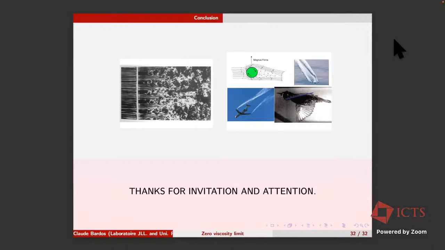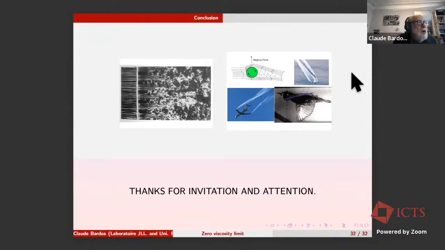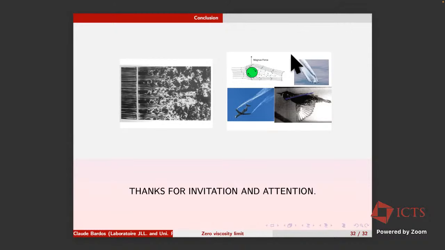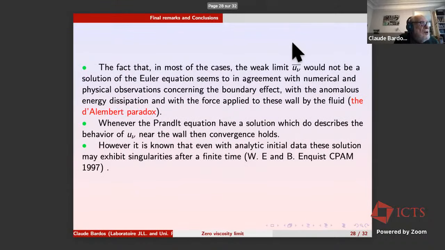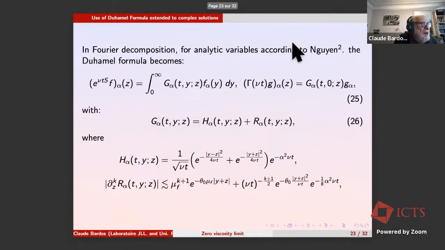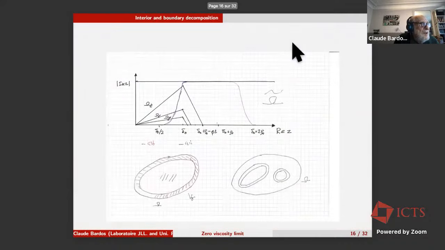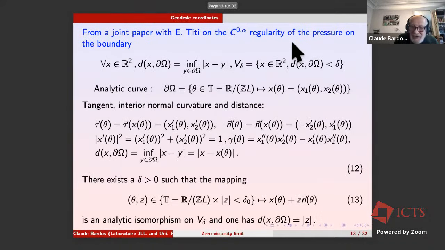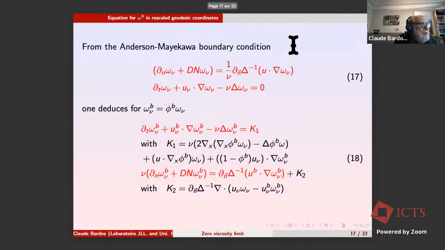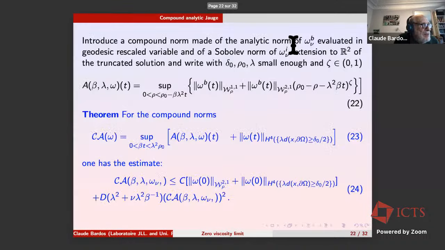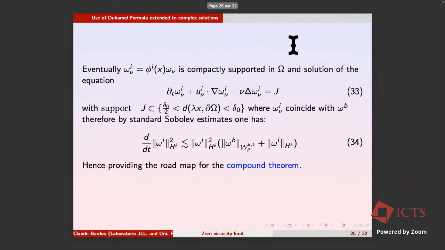Claude, can we go back? I can't remember the slide, but you got things down to a quadratic inequality, and you talked about the initial data.